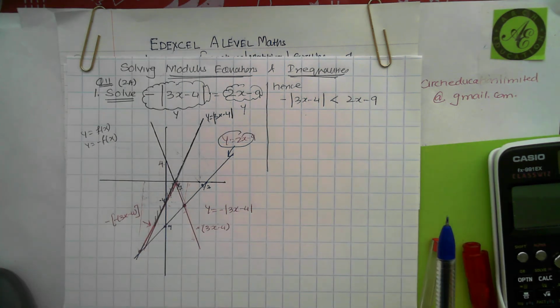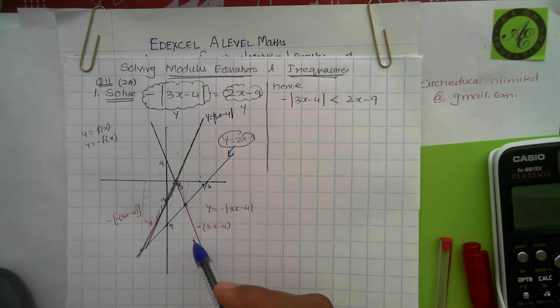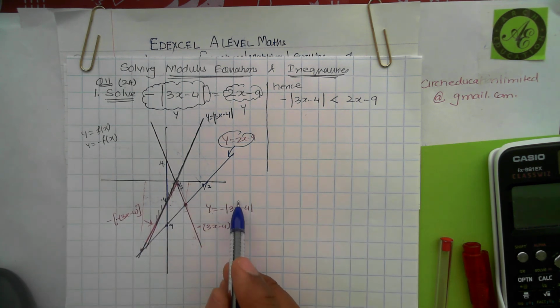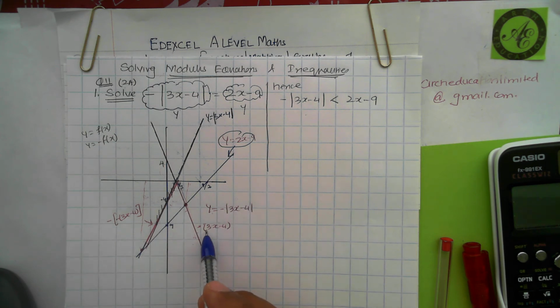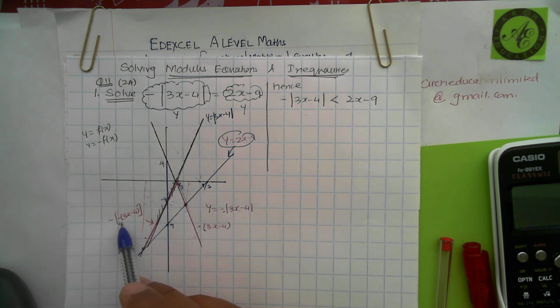One of the important points you need to understand in modulus is that the 2 parts of the graph, one of them is y equals the positive answer of that, but obviously this has got a negative sign in front of it, so it will be y equals this, and the other part, which is the reflected one, is y equals negative of this.